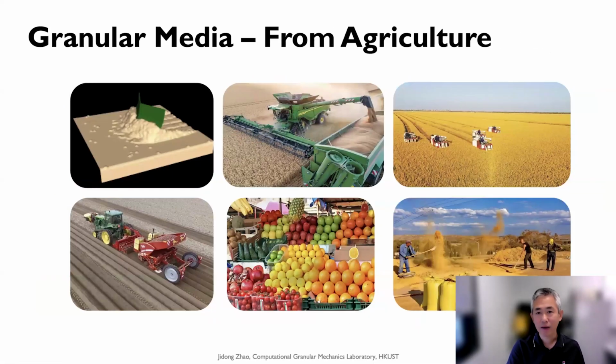And then in agriculture, the soil itself is granular matter, and also the food grain and fruit can all be considered granular matter. If we want to know their performance in every aspect, the study of granular matter can be important.